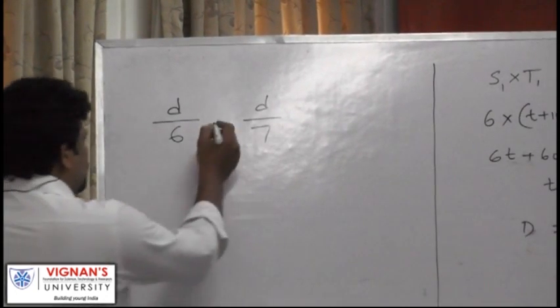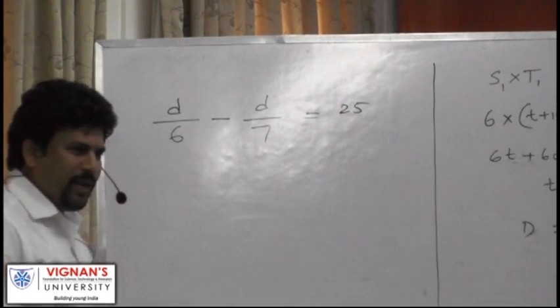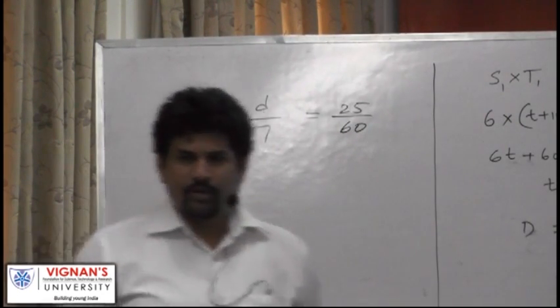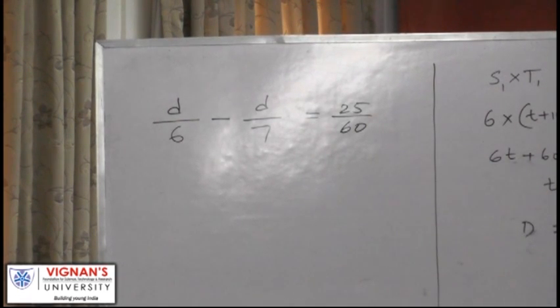What is the difference of these two times? 25 minutes. I am dividing it by 60. Time taken in the first case minus time taken in the second case. Comparable things. Difference in the time is 25 minutes from the problem.